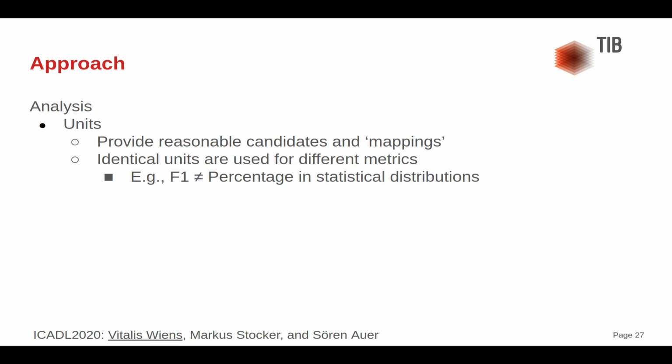While units provide reasonable mappings, identical units are often used to describe different metrics. For example, the F1 score is a performance measurement described in percentage, which differs from a statistical distribution where the values of a column should sum up to 100%.